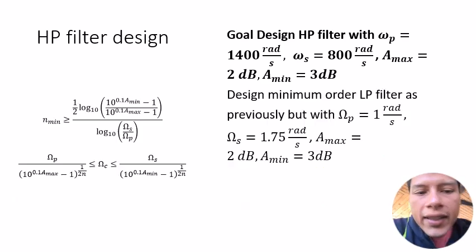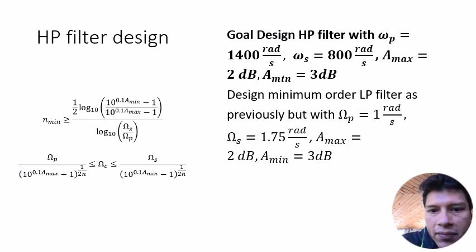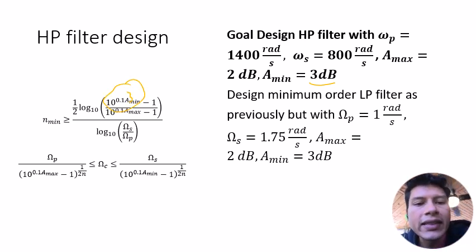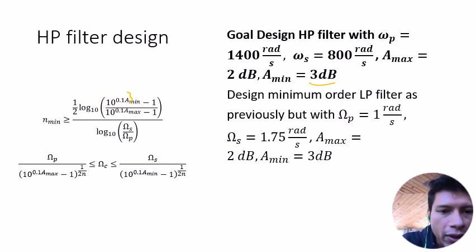Okay, so to find our minimum order, we're just going to plug in A min, which is given to us. And remember, we're going to use the decibel formula because this is a decibel to linear conversion. So we're going to plug in 3 for this, and for A max, it's 2.